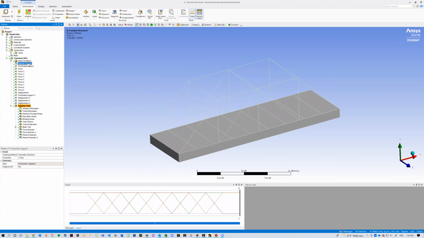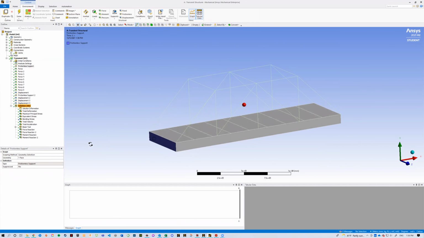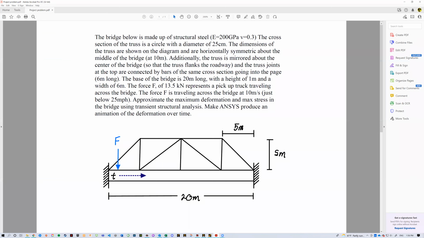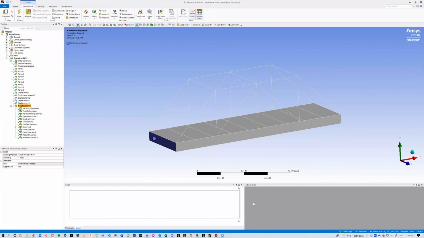So here we'll go to the boundary conditions. This was supposed to be, if you look at the problem, rigidly supported at both ends. So I guess this would be an indeterminate beam if we were in mechanics of materials. The way I modeled that was using frictionless supports at both ends.